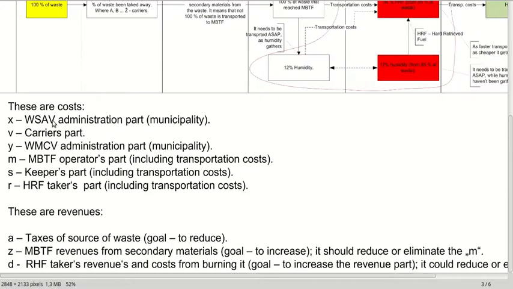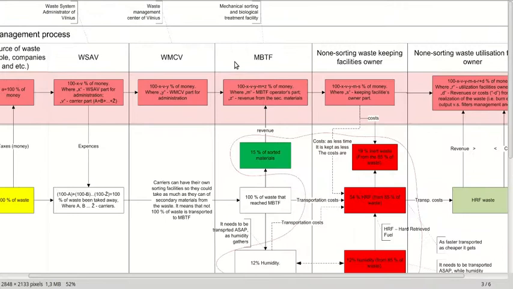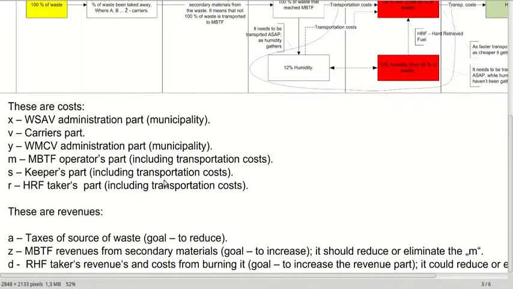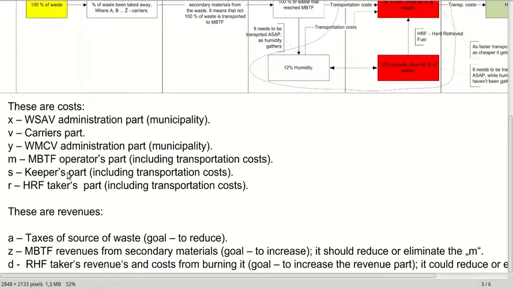So we do have the costs of one administrator's part, and another administrator, then the actual mechanical sorting and biological treatment facility guys' or girls' part, which would work with that waste, in order to keep that stuff in their facilities.